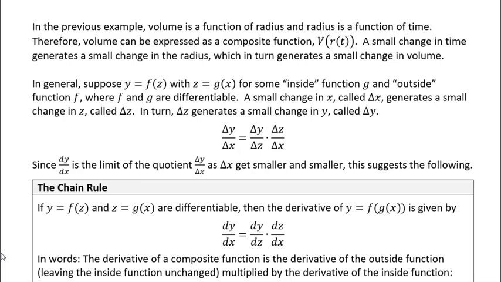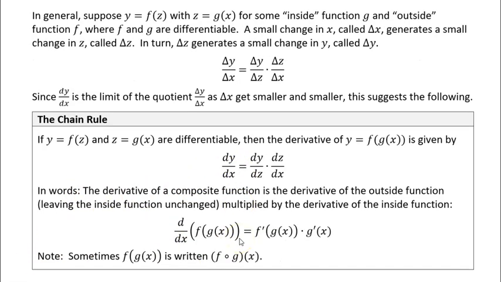And in the limit, as that delta x gets smaller and smaller, the delta y over delta x becomes dy dx, and the delta y over delta z becomes dy dz, and the delta z over delta x becomes dz dx.